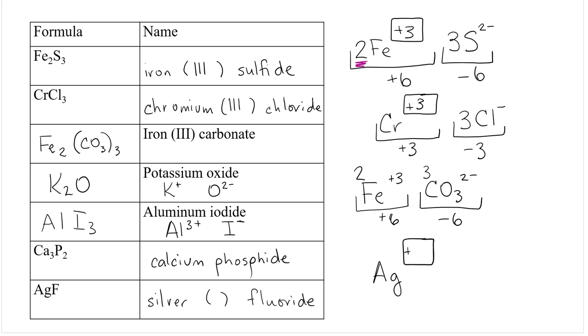Silver is going to have some kind of positive charge because it's a metal. Metals make cations. Fluoride is a halogen. It's going to have a -1 charge. So overall, we have a -1 portion of the compound, so we have to have a matching +1 portion in order to even that out to 0. So what is the charge on a silver ion? +1. So it's silver(I) fluoride.